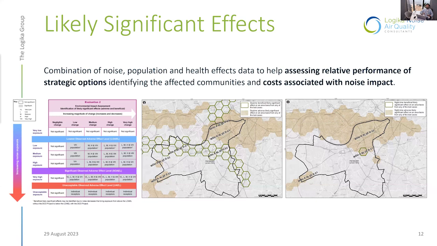As well, we can consider that a small change at a low level in a wider densely populated area can have the same effect in terms of cost to society for this kind of change brought by an airport development.